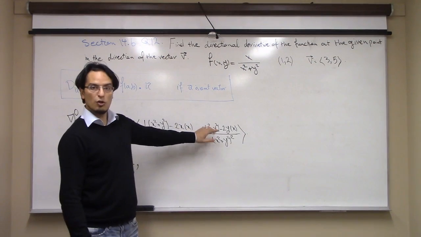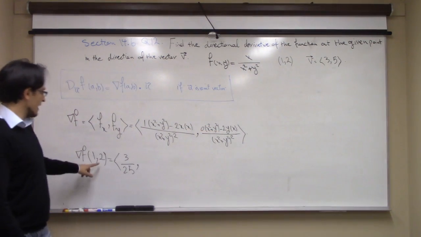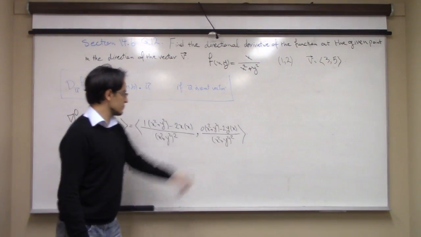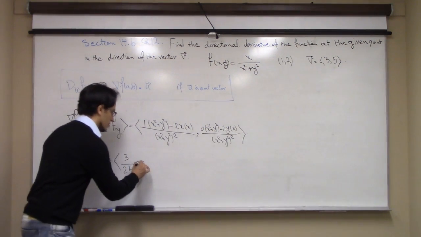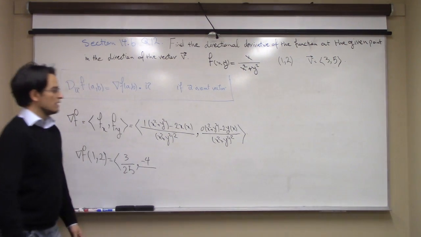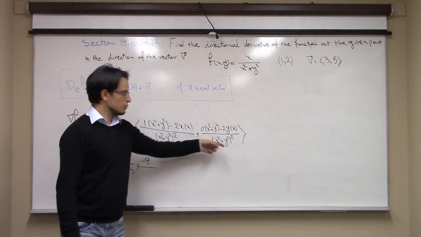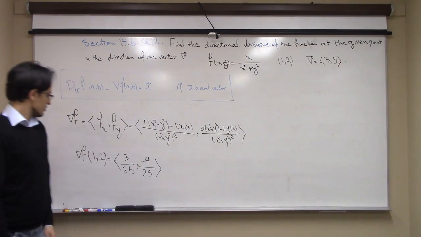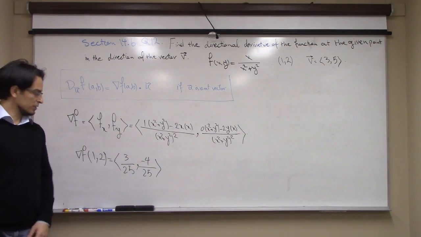This part is 0, 2 times 2 is 4, negative sign times 1 is negative 4, over 1 squared plus 2 squared, 5 squared, 25. So that's my gradient at the point (1, 2).